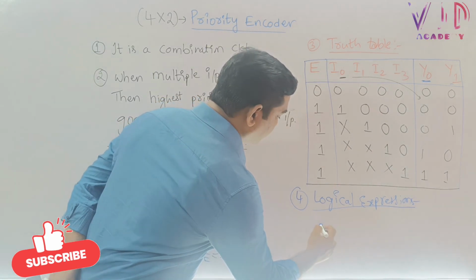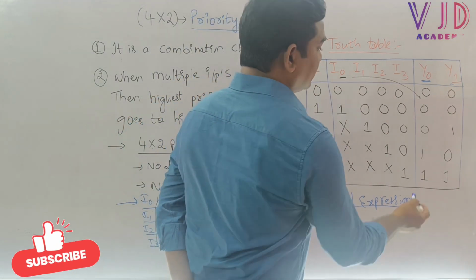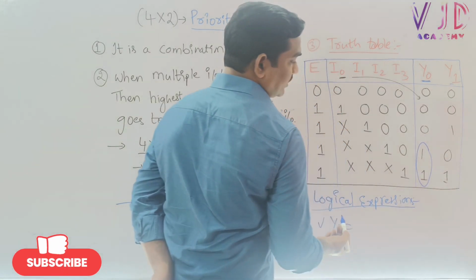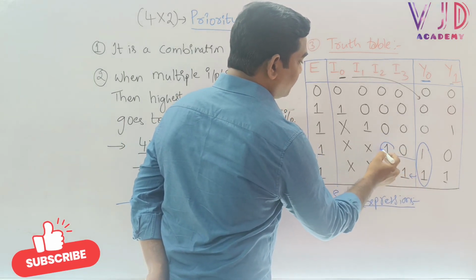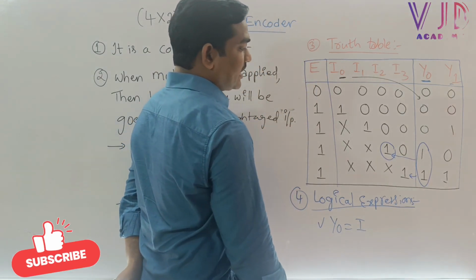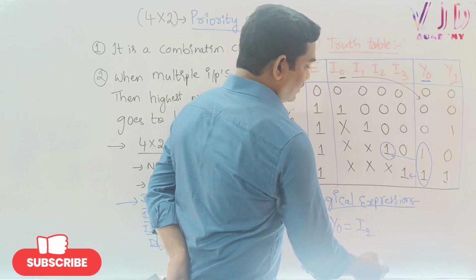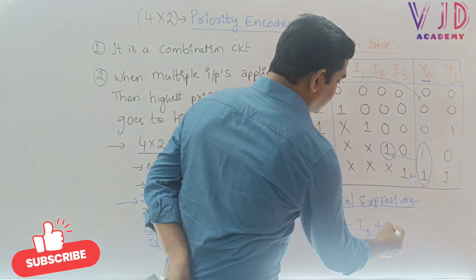The first output is y0. Which outputs are enabled here? These two are the enabled outputs. What are the corresponding inputs? The corresponding input is I2, plus I3.